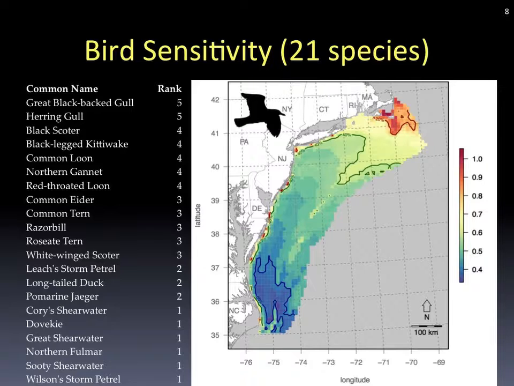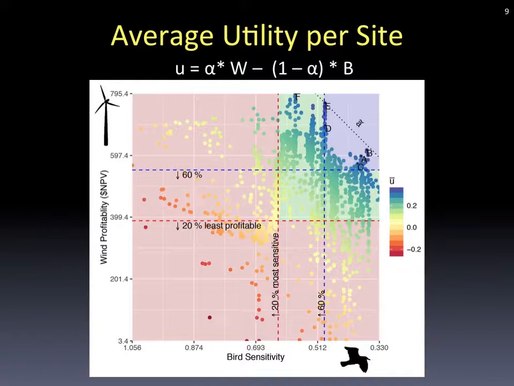So we take a bunch of bird data and we smush it together based on sensitivity to offshore wind energy, and we get a bird map. This is cool to site some offshore wind, and that's a hot problem over there in the red. If we take those two maps, we can look at how much revenue we get to wind, and then how sensitive that same site is to birds.